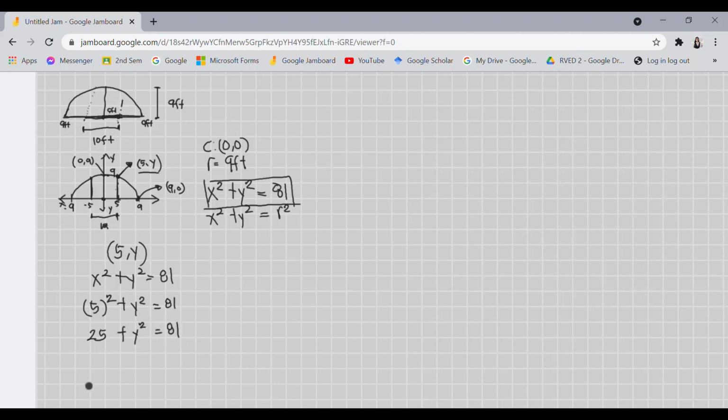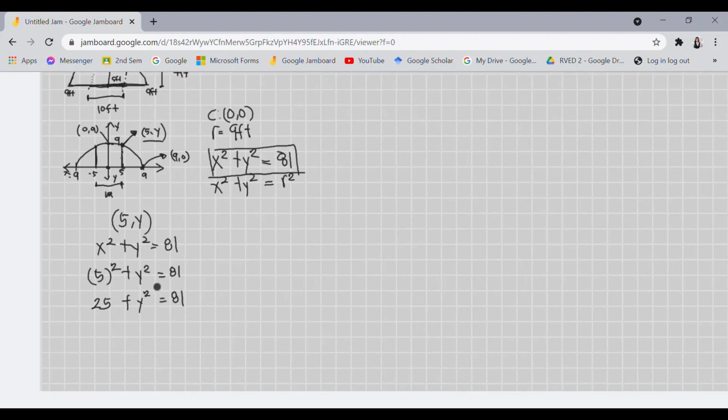Okay, copy lang natin. And then isolate the variable, we'll have y squared, transpose positive 25, we will have here 81 minus 25. Okay, positive will be negative on the other side. And then y squared now will be equal to 56. To get the value of y, we will take the square root of 56.